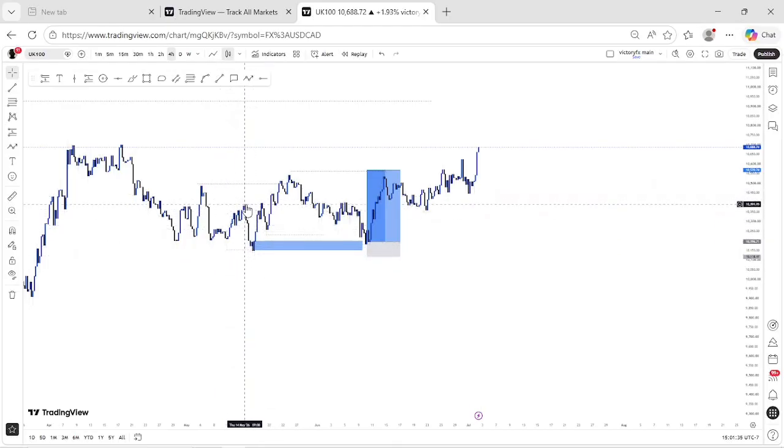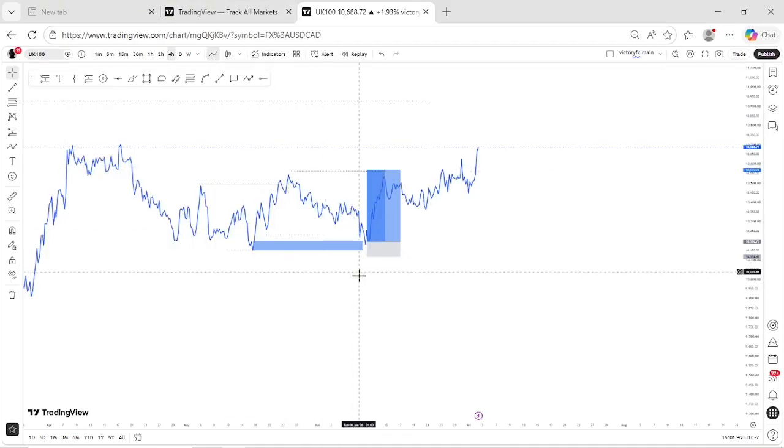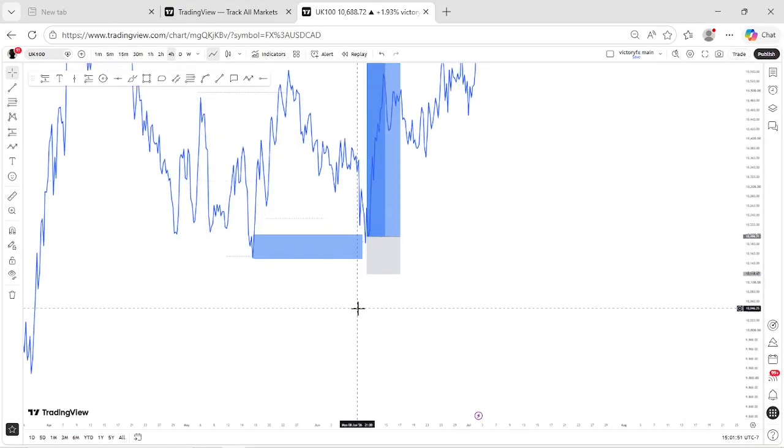But then it had to break this external structure, so I'll be sure that okay, there is a momentum shift. If we use the line chart to check it, you can see this was the line. Price didn't close well below that line, so this is just a weak-to-weak scenario.